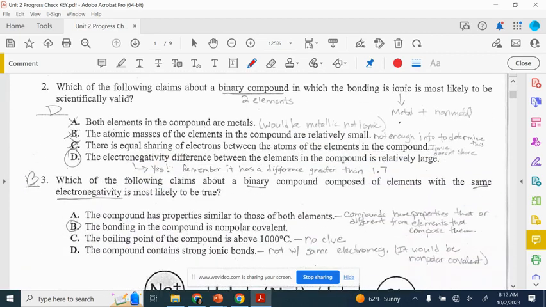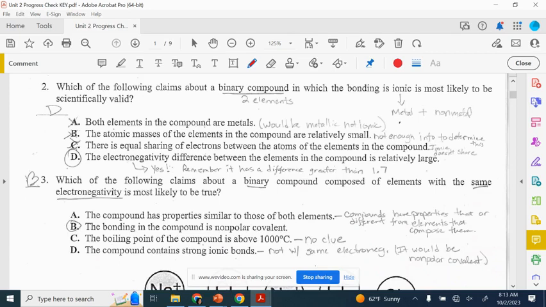Which of the following claims about a binary compound in which the bonding is ionic is most likely to be scientifically valid? So, ionic. When you hear binary, first of all, you should know it is 2 elements. Bi means 2. When it says binary, does it mean the same element or any 2 elements?